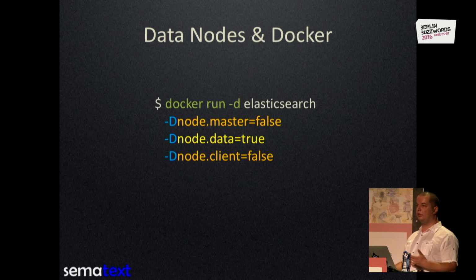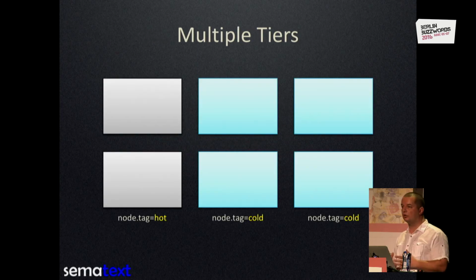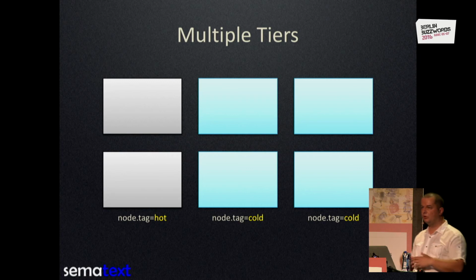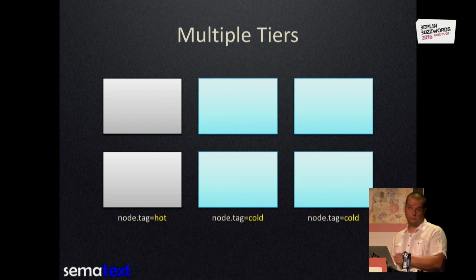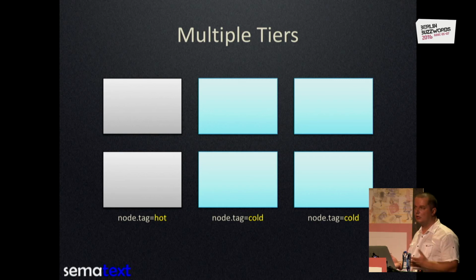Of course, if we're running time-based data, which Elasticsearch is great for, Docker can help us to run multiple tiers in our architecture. So usually you would end up with having hot and cold tiers, the hot tier for the recent data, real-time searches with all the indexing happening, and finally, the cold tier as the archive.